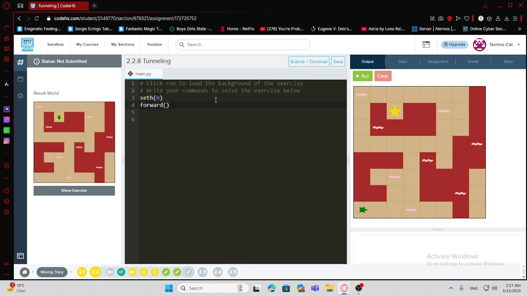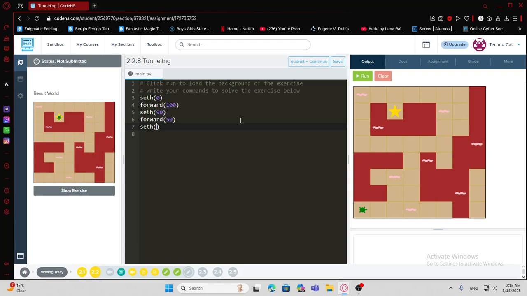by, that's like 100. Then she's going to face up, and then she's going to go forward 50, because each tile is 50 pixels, allegedly, in width and length, because they're squares.